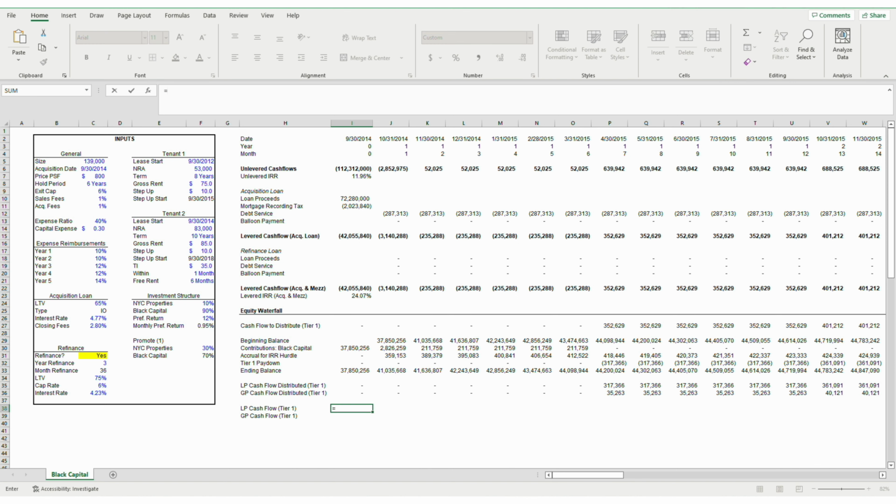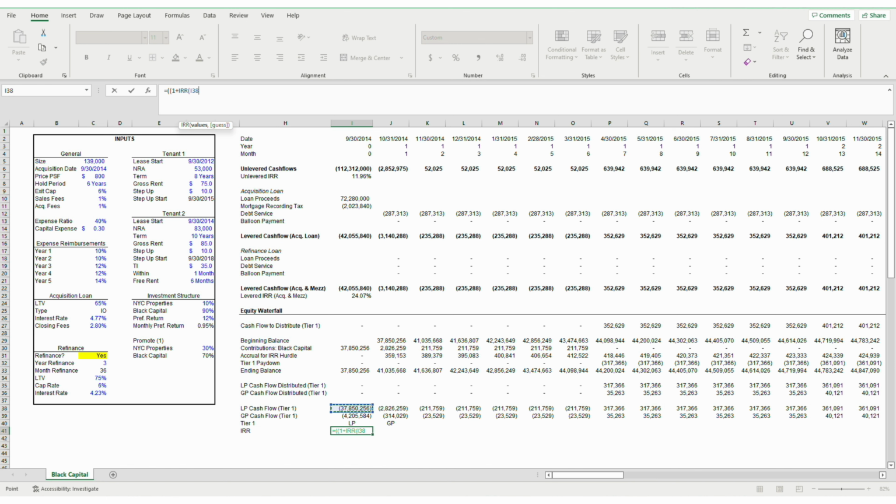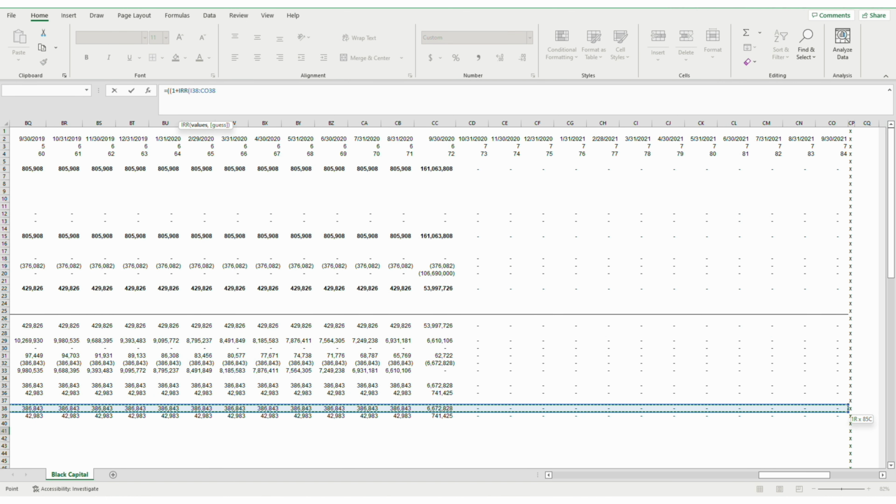And then for total cash flow to the LP and GP, I use the same strategy, with the GP taking its pro rata share calculated by using the proportion of GP to LP investment. Here I calculate the IRR, making sure to use compounding to find the appropriate internal rate.